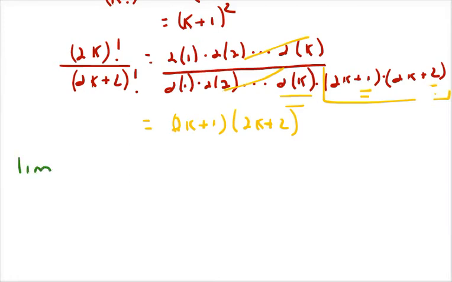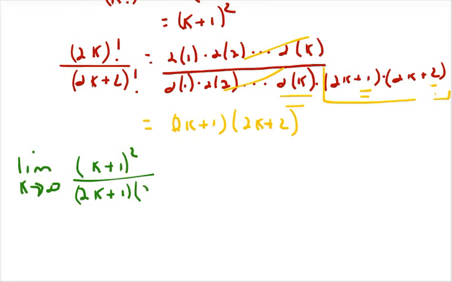Let me grab green. Putting it all back together, this becomes a limit as k goes to infinity. The numerator was (k plus 1) squared. The denominator was (2k plus 1) times (2k plus 2). What I have to do here is FOIL this out.